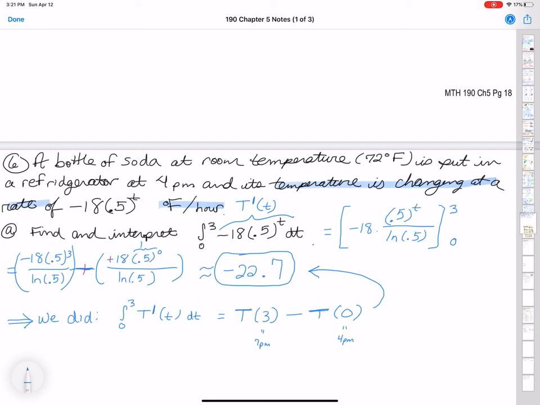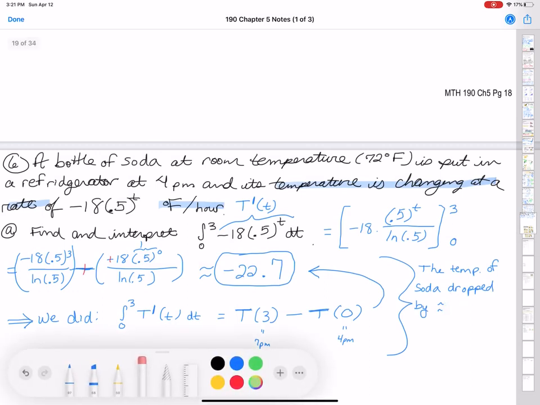And so when we pull all of that information together, what did we find? We found that the temperature of this bottle of soda actually dropped, because it came out to be negative. It dropped by approximately, because I've rounded this, this wasn't the exact answer, right?